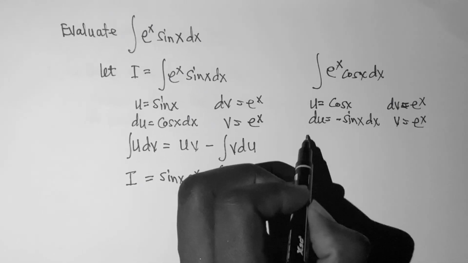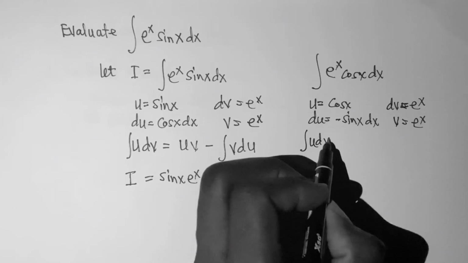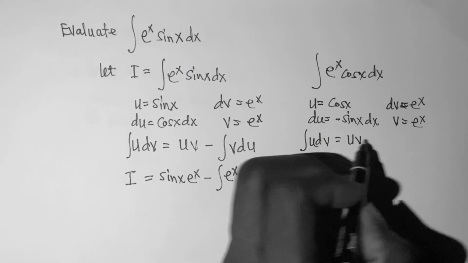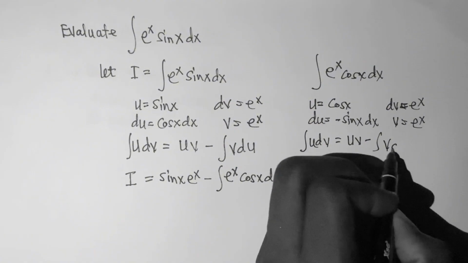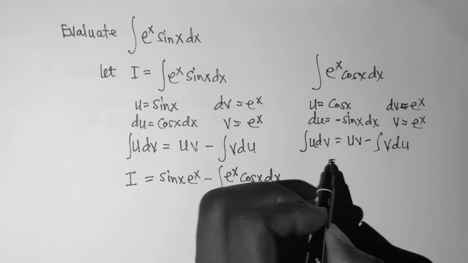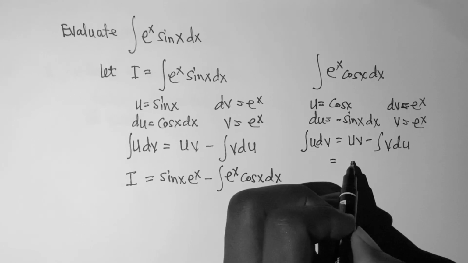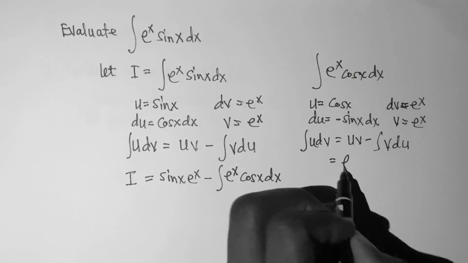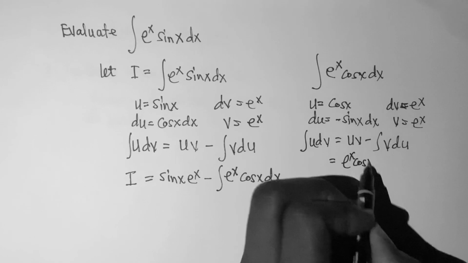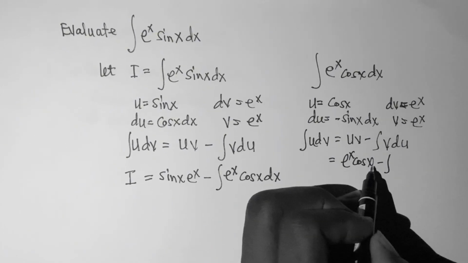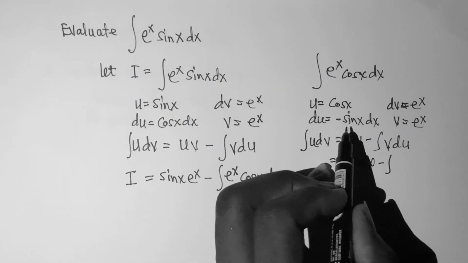And then the formula is integral of u dv is equal to uv minus integral of v du. So this is equal to uv, where u is cos x and v is exponent x. So exponent x cos x, then minus integral of v du.